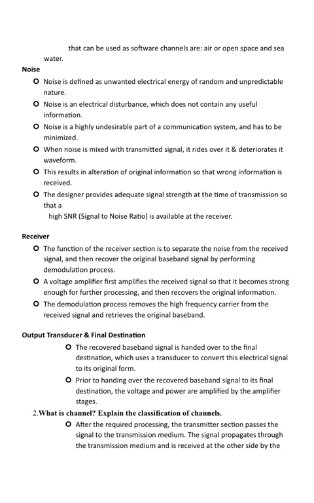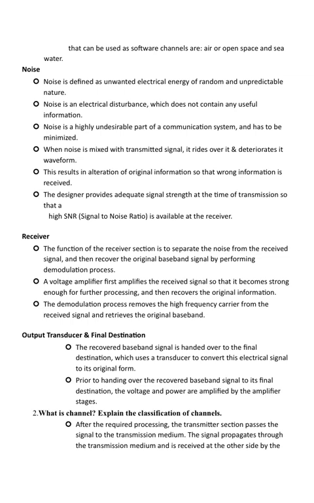Noise. Noise is defined as an unwanted electrical signal of random and unpredictable nature. Noise is an external disturbance which does not contain any useful information. Noise is a highly undesirable part of a communication system and has to be minimized.